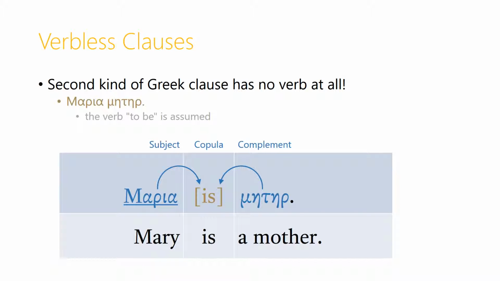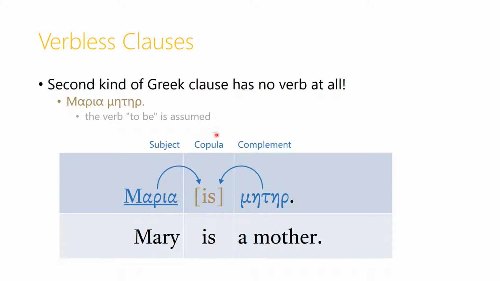The parts of a verbless clause then are the subject, the copula, which is the verb to be and is hidden in a verbless clause, and the complement. And we can think of both the subject and the complement as modifying that basic assumed hidden copula, that verb to be.